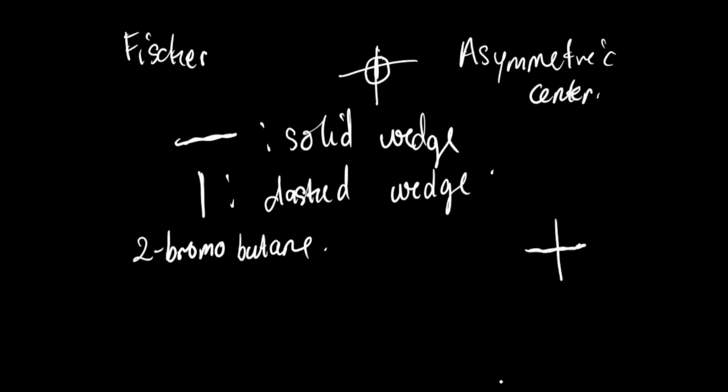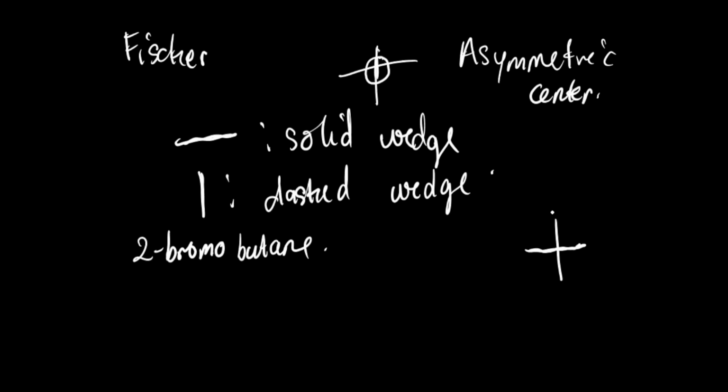I hope it's clear. So we have our molecule here, 2-bromobutane, and we're trying to represent it in a Fischer's projection. The intersection of two lines represents an asymmetric center. We have only one asymmetric center in this molecule, so we'd have only one intersection in a Fischer's projection.